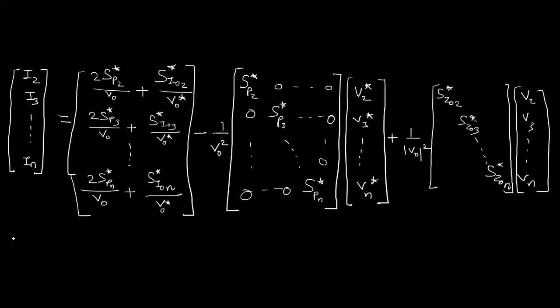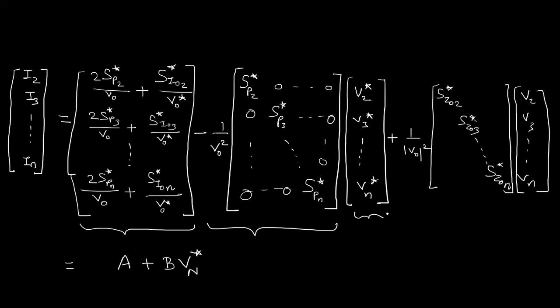So I just wrote the equation in the matrix format. What is this? This is basically some constant term, so let me write this matrix as A. This matrix as plus B times Vn conjugate.